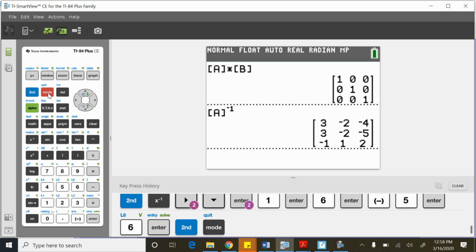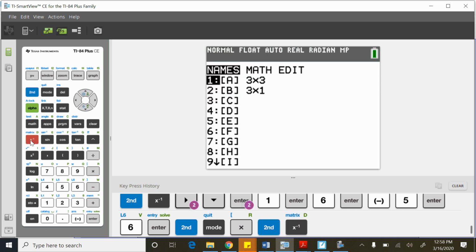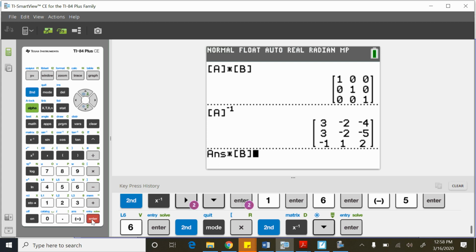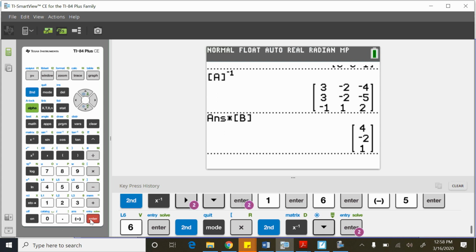Just like if it was a number, I can just click my multiplication symbol, and it's going to bring down the last thing that I have. And now what do I need to multiply that by? I need to multiply it by my actual B matrix. So I don't need to go into edit because I'm not trying to change it. I just go down to the B, I click enter, and now it's saying, all right, I'm going to multiply that inverse that you had by B, and it's going to solve for what X, Y, and Z actually are.